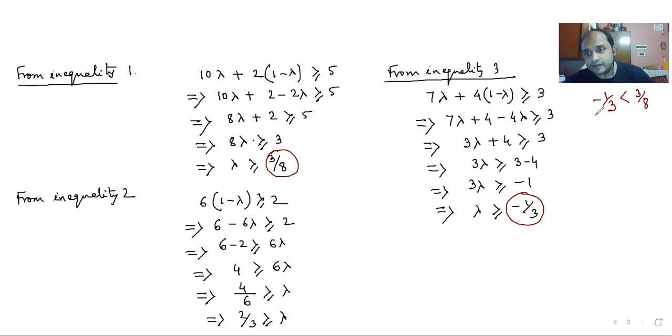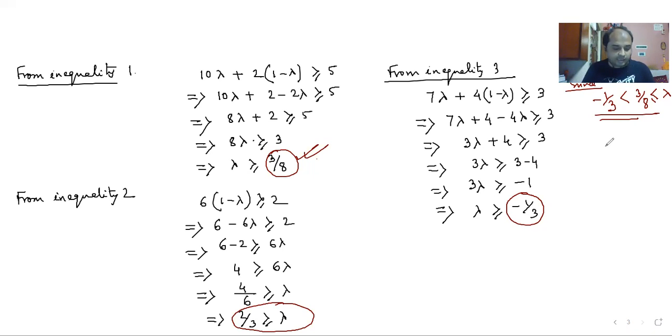So since minus 1/3 is less than 3 by 8 and lambda is greater than or equal to 3 by 8, obviously lambda should be greater than or equal to minus 1/3. So we can take this into consideration, and here we are finding that lambda is less than or equal to 2 by 3. Now 3 by 8 means how much?